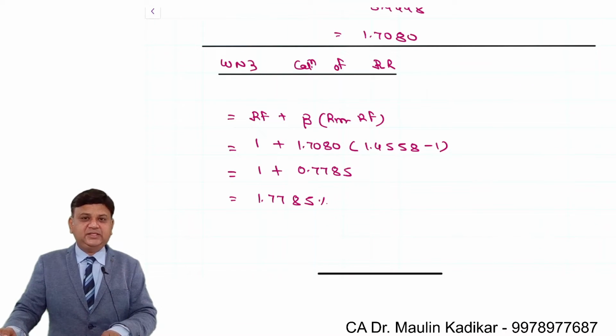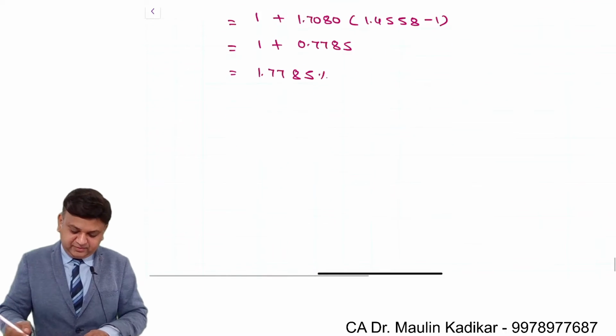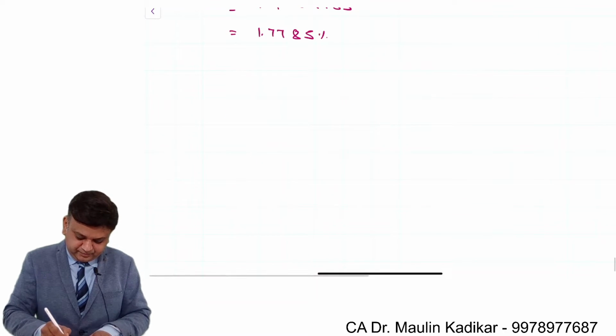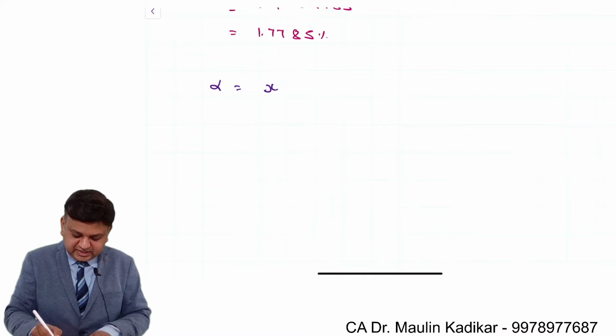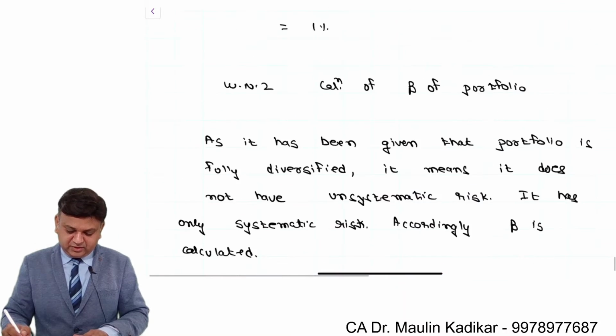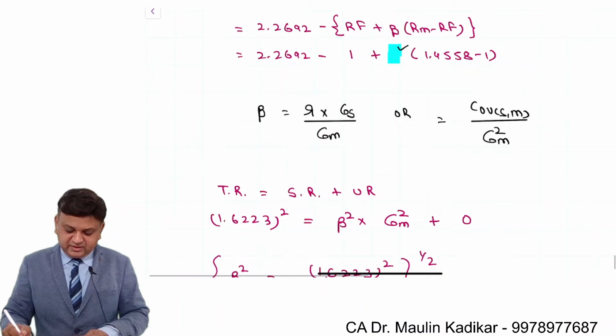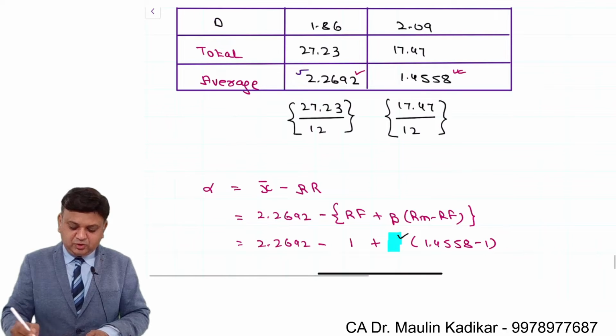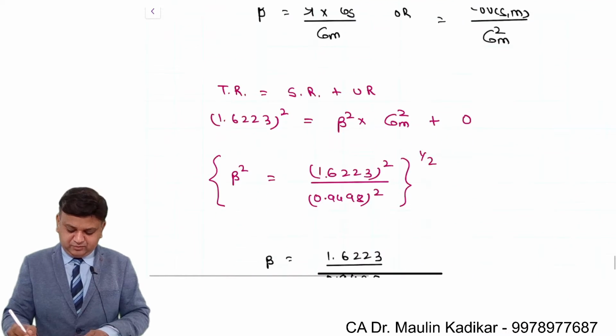Okay. Next, we'll make the calculation of alpha. Alpha is calculated as x bar minus required rate of return. It means the mean return minus required rate of return. What is the mean return? Mean return is 2.2692.